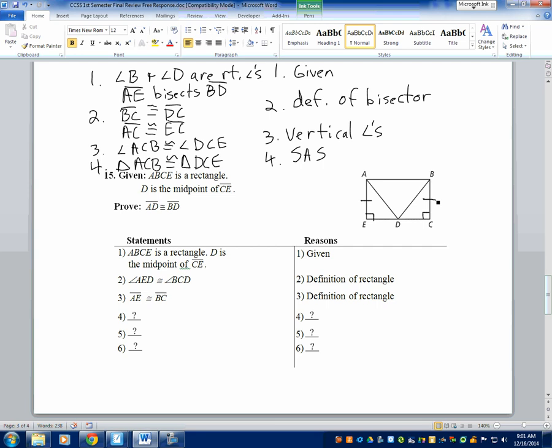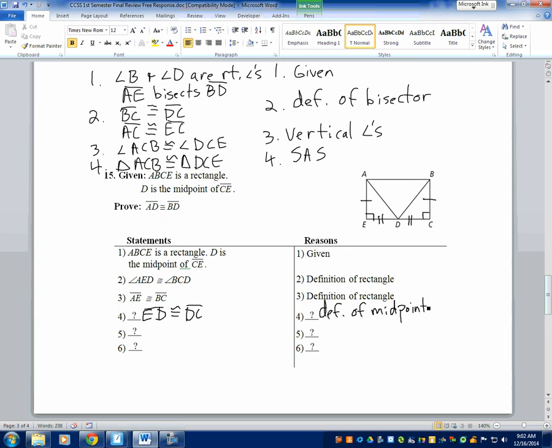Not AB and BD. No, not necessarily. It's ED and DC, you're right. So ED is congruent to DC, and that's by definition of midpoint.